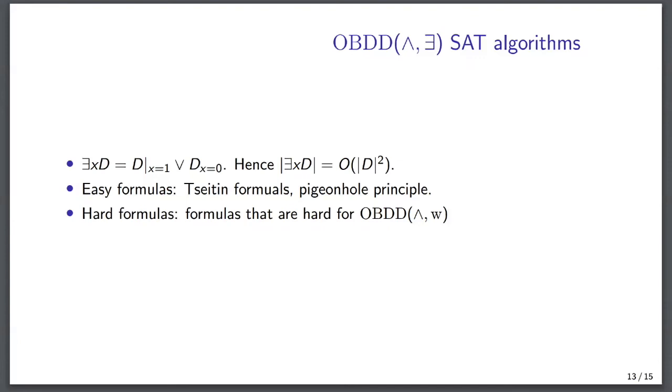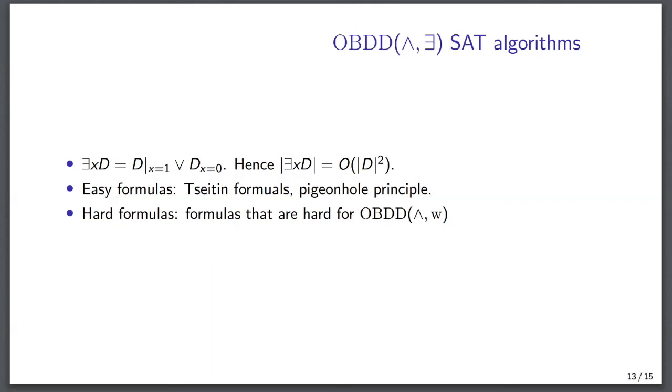For such an algorithm, for example, some formulas are easy and can be solved very fast by a very easy heuristic, where you just take a variable, download all clauses with this variable, apply projection, and repeat until you download all clauses. The pigeonhole principle is also easy, but for it, it's very important to take a very clever order of variables.